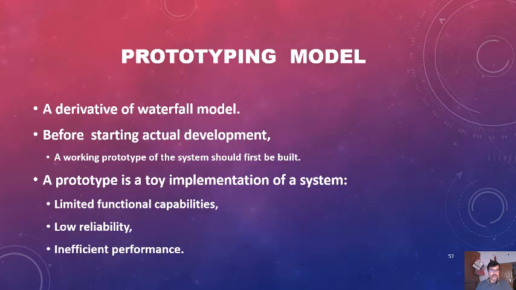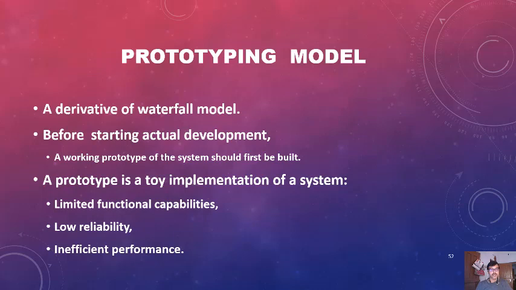Before starting the actual development, a working prototype of the system should first be built. So in the prototype model, first build the working prototype. A prototype is actually a toy implementation of the system. It is not the actual system. It has limited functional capabilities, low reliability, and inefficient performance.